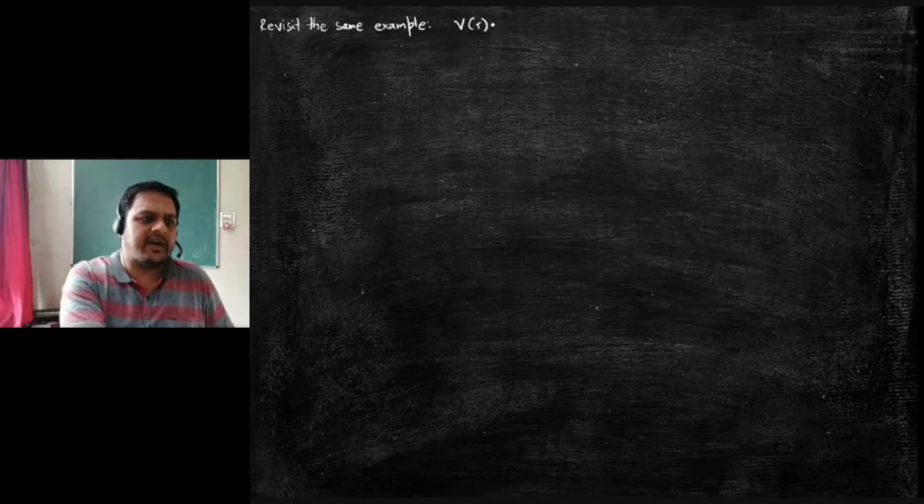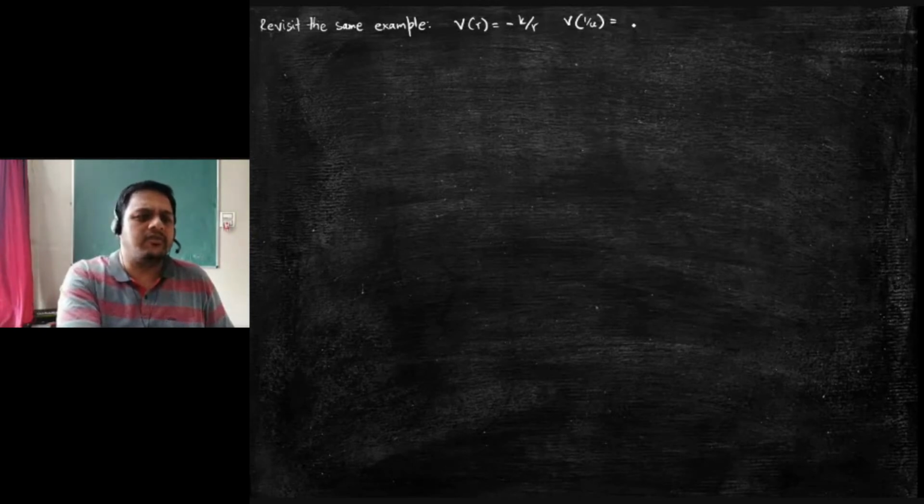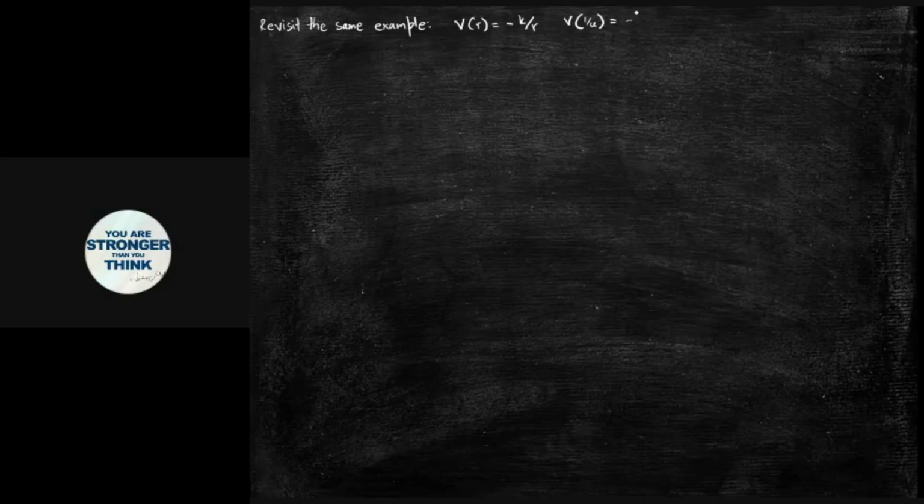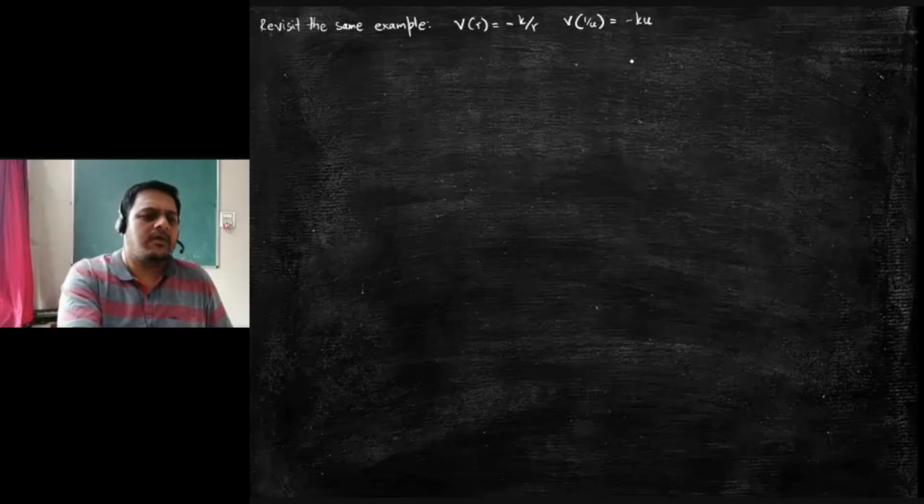What was V of r? What is V of u? Minus k u. Therefore, what will be theta?